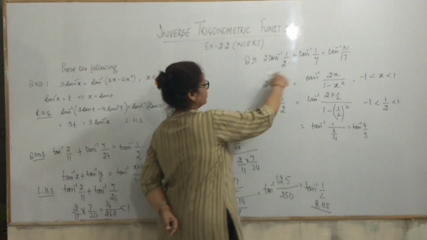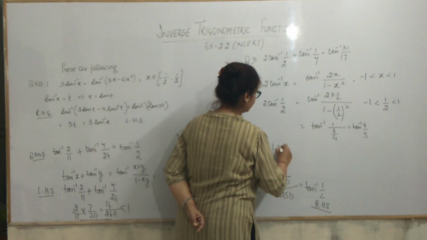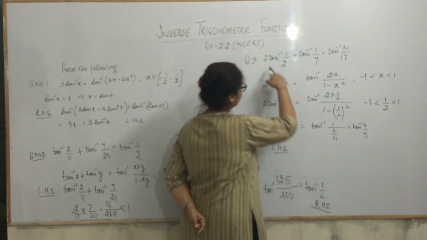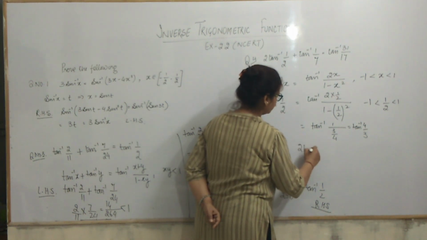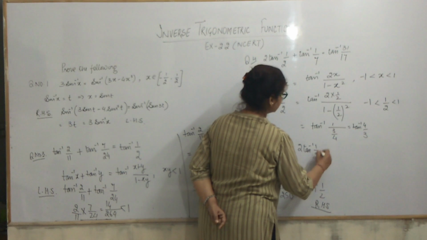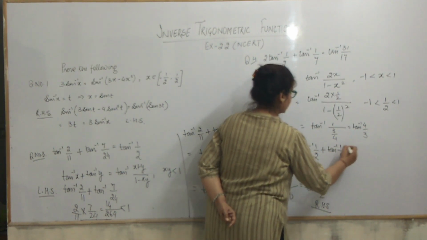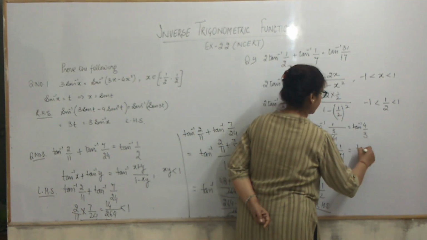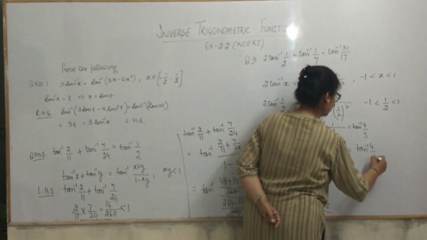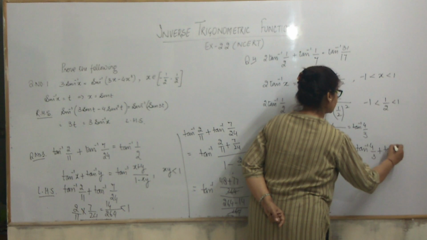Now, taking the left hand side, 2 tan inverse 1 by 2 plus tan inverse 1 by 7 takes the shape of 4 by 3 plus tan inverse 1 by 7.